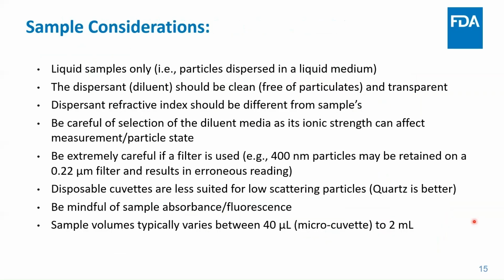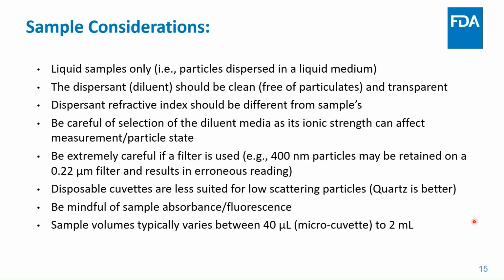So sample considerations. Liquid samples only for this. It's pretty straightforward because you're looking at the Brownian motion of particles in a dispersion or in a solution. You want to make sure that your diluent is as clean as humanly possible. No artifact can get in there, like let's say dust. So a lot of times people will filter their dispersant beforehand.